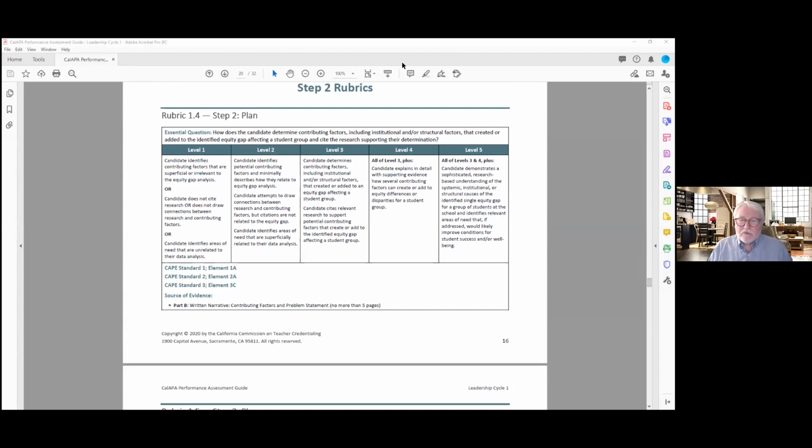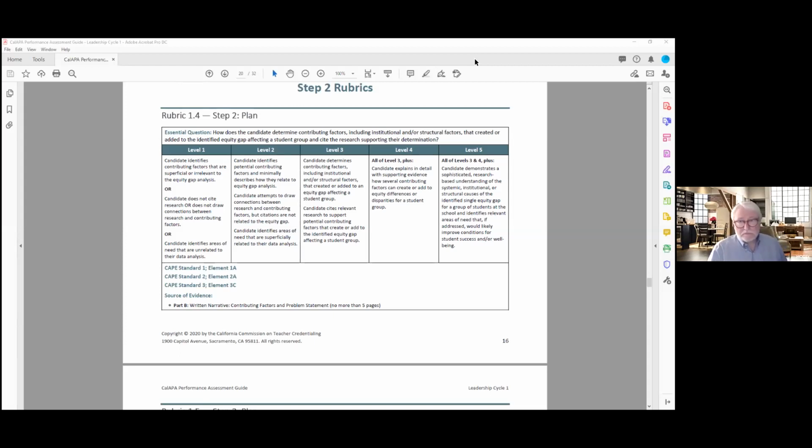We are looking for, and you can't get a 3 without it, research that is directly related to the gap, to the indicator, and/or the students, specifically around what you're going to be working on. Absent that research, it's going to affect what level you get assessed at.